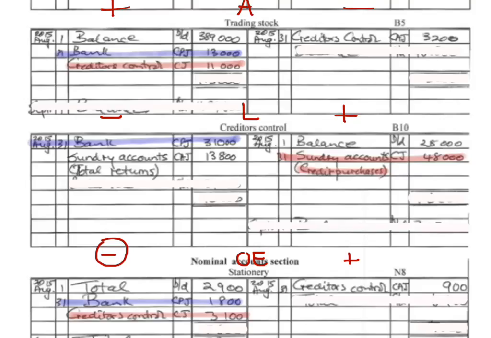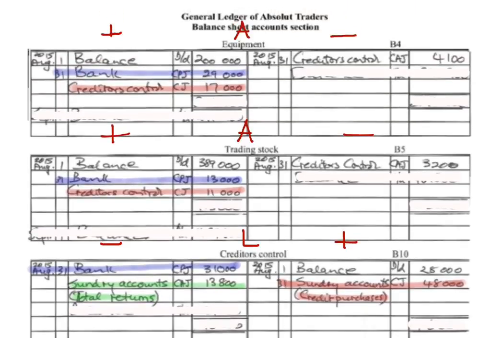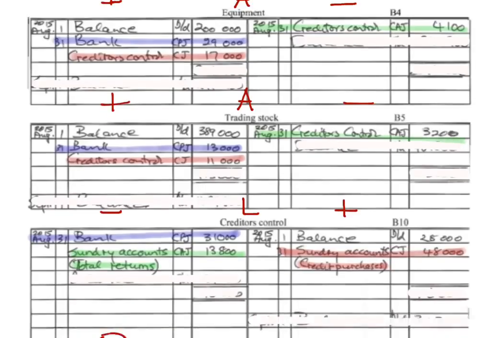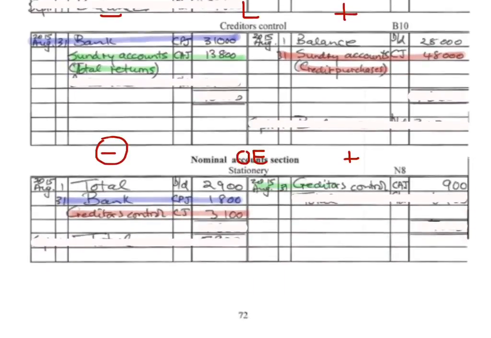So then lastly for the CAJ entries, remember we did that one big entry on the debit side in Creditors Control. That's the main account. And then we made up that debit by crediting firstly equipment, secondly trading stock, and thirdly stationery, every time with the returns of goods that we send back to our creditors.